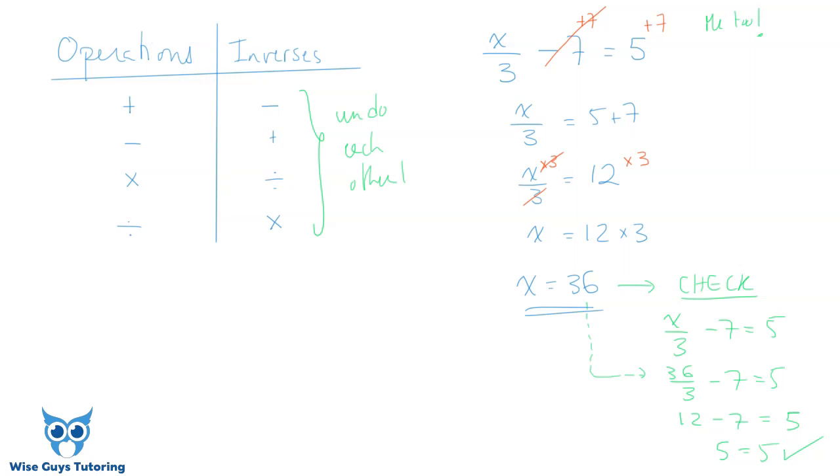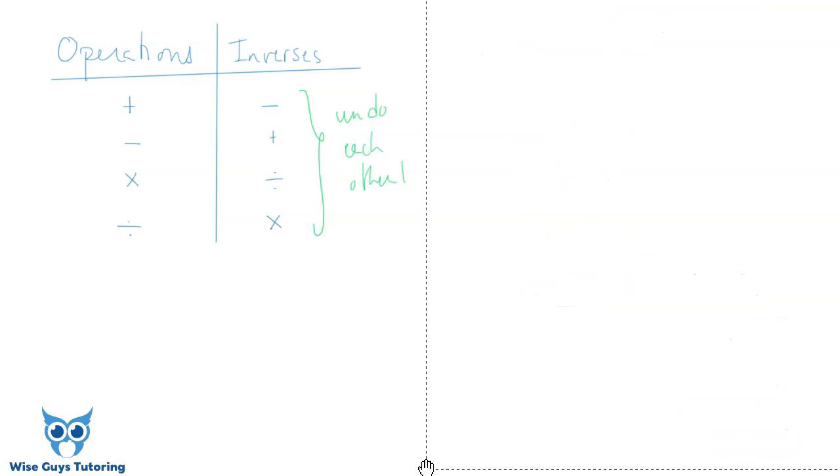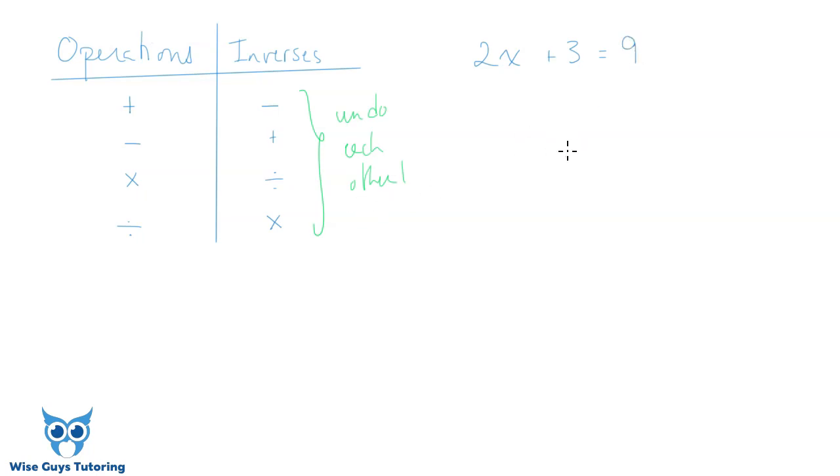We got the answer. Okay, so let's talk about a couple of typical, very common mistakes that students tend to make, because I don't want you guys to make them. One thing, let's take another example. So let's say we had 2x plus 3 equals 9 or something like that. One typical thing students would like to do is start with the couple first.